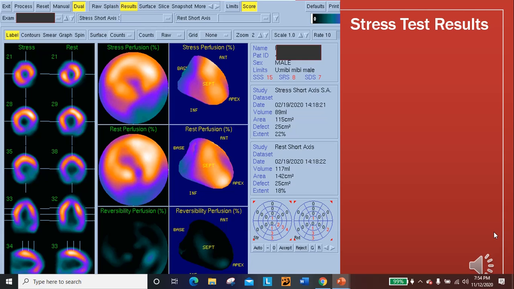The SDS is going to be the summed difference score. So you subtract the scores, and for this specific patient, you have an SDS of 7. That would indicate that there is a significant amount of reduced blood flow to the heart in the specific areas of the inferior and lateral walls.